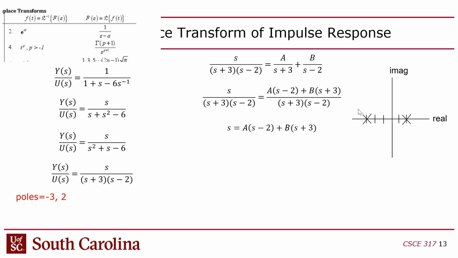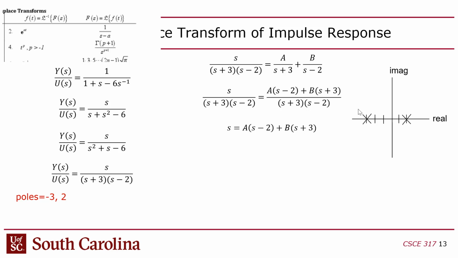Well, we can consider the case where s equals 2. Because if s is 2, it'll make this sub-expression 0, so it'll knock out the a unknown, and we'll just be left with the b side with the value of s, which will be 2, right?